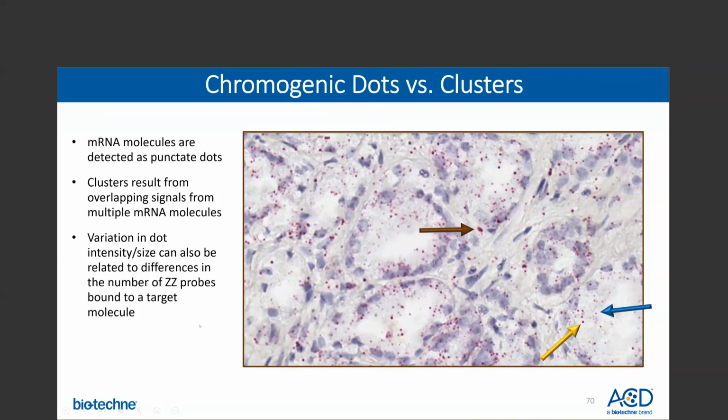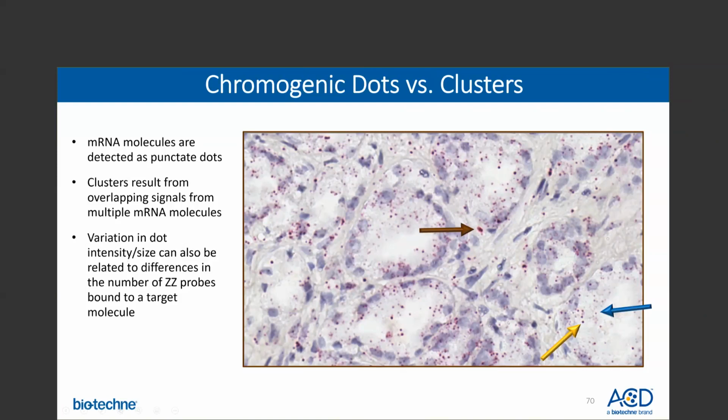And then finally, I would like to point out that you can have variation in either dot size or intensity, which is related to the differences in the number of ZZ probes that are bound to the target RNA. So as you can see here, the blue arrow indicating a dot is way lighter than the dot indicated by a yellow arrow, which is potentially due to the number of ZZ probes that are bound to the target.